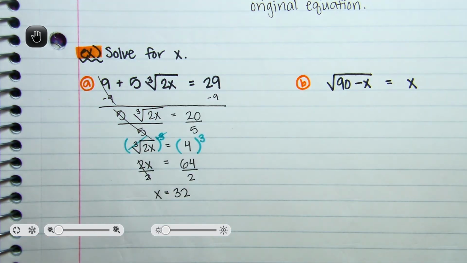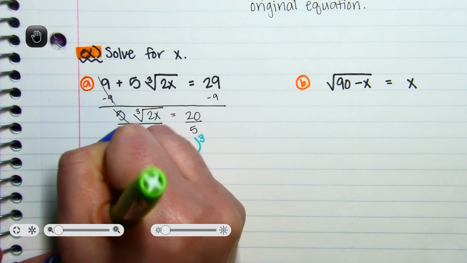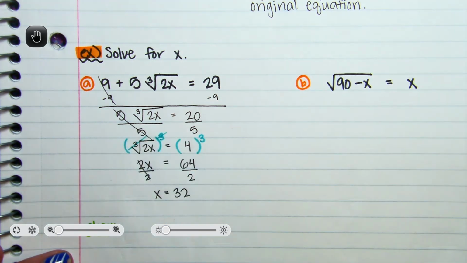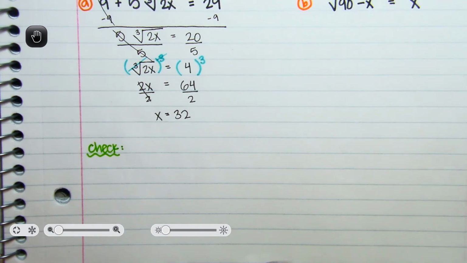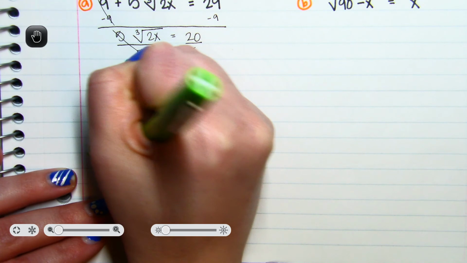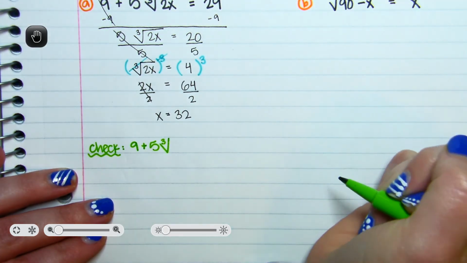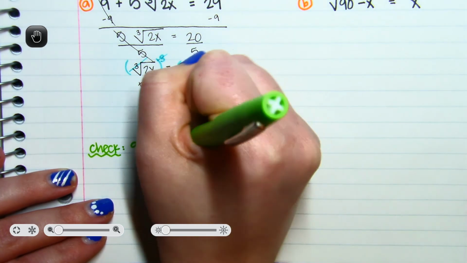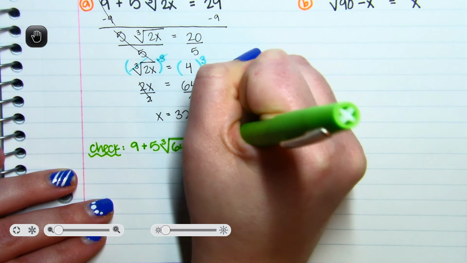But remember, we need to check for extraneous solutions. So that's what I'm going to do. I'm going to check. Now I only have one solution to check, which is nice. I only have to plug in one number. So in the original equation, I'm going to have 9 plus 5 times the cube root of 2 times 32, which is 64, equals 29.